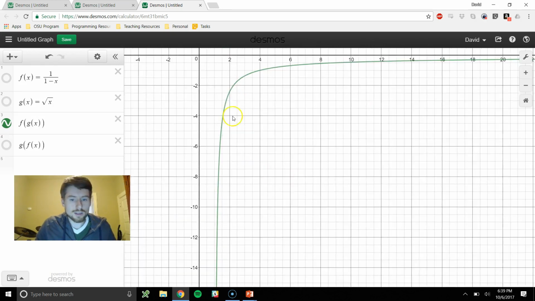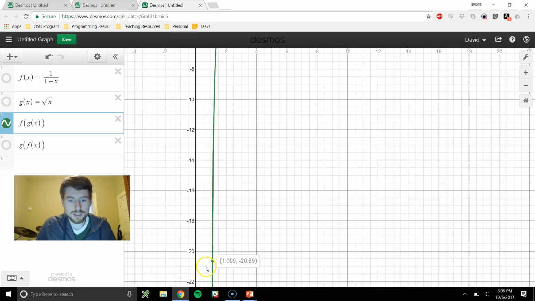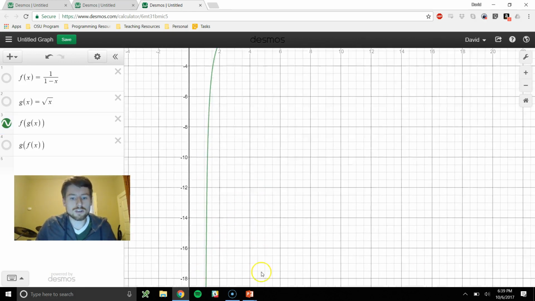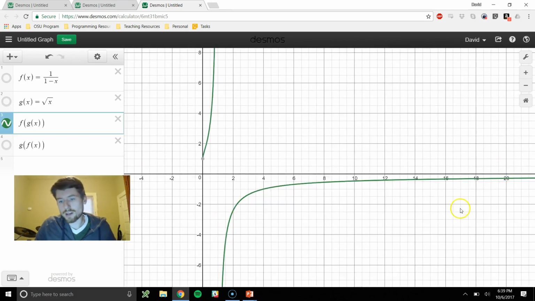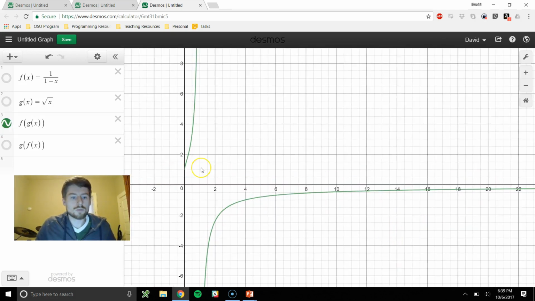But not 1, there's an asymptote there, and we can get as close to 1 from the other side. Let's see that, 1.09, so it's getting closer and closer to 1. And then we have graph everywhere to the right of there. So this was our weird domain that was 0 to 1, not including 1, 1 to infinity, and that's the domain for f of g of x.